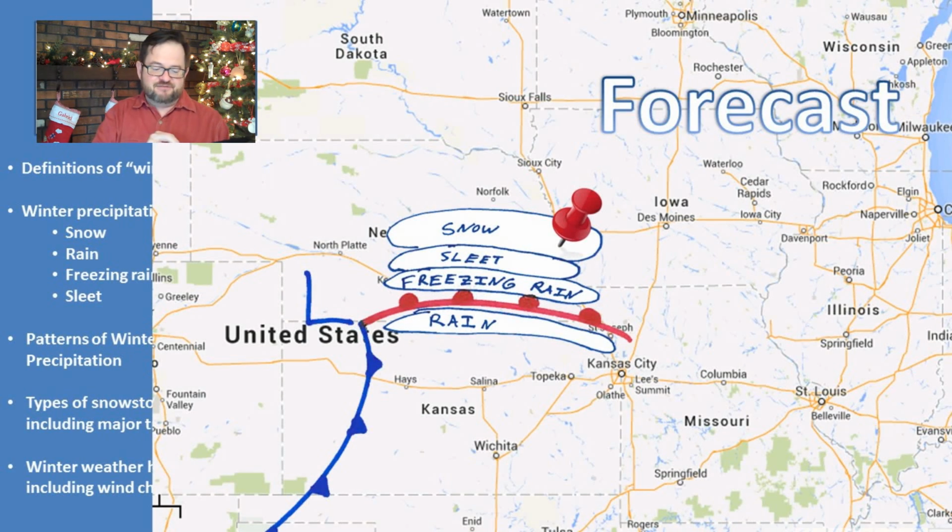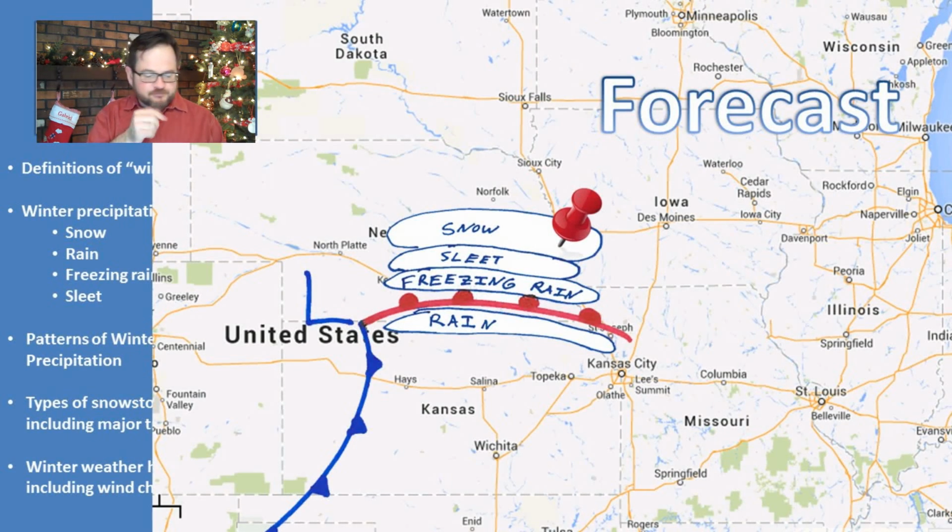I would expect to have some rain associated with the warm front itself, and then as we went farther to the north, we would encounter some freezing rain, and then an area of sleet, and then an area of snow. And these are in bands that are parallel to the warm front itself, and they're kind of wide but narrow from north to south.